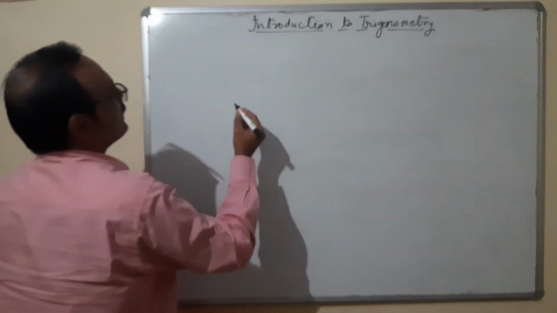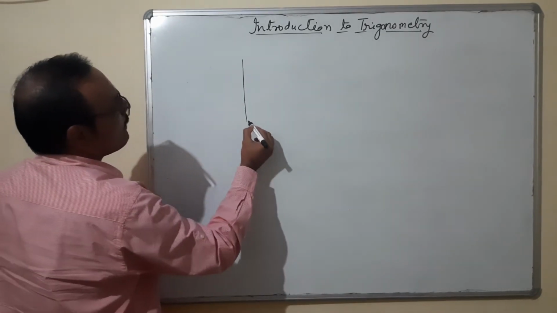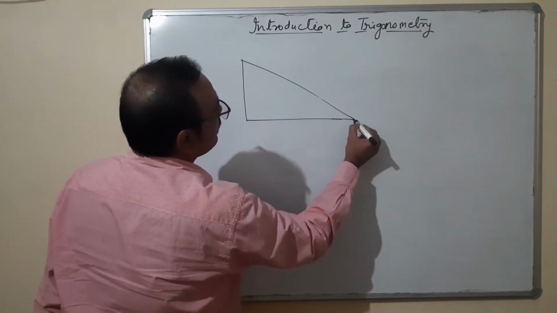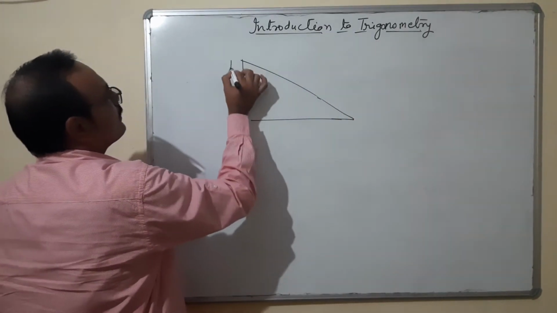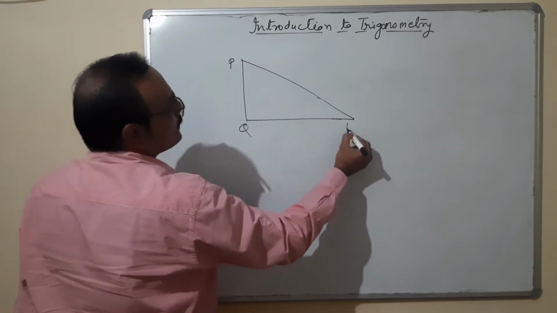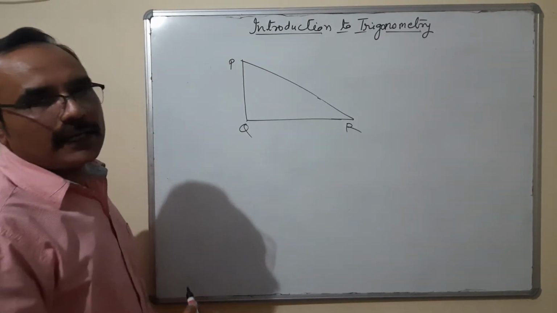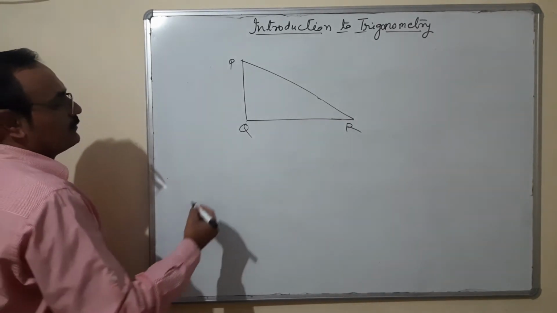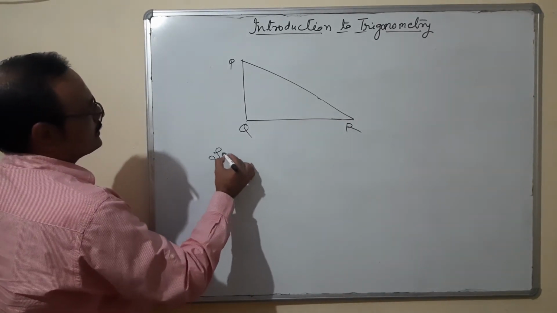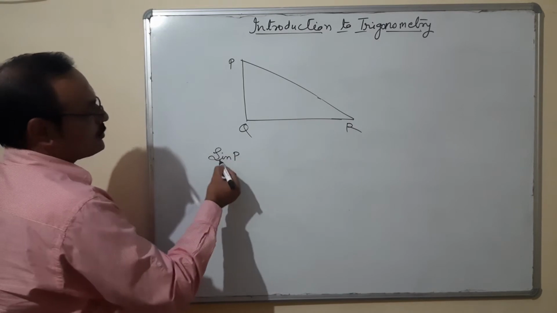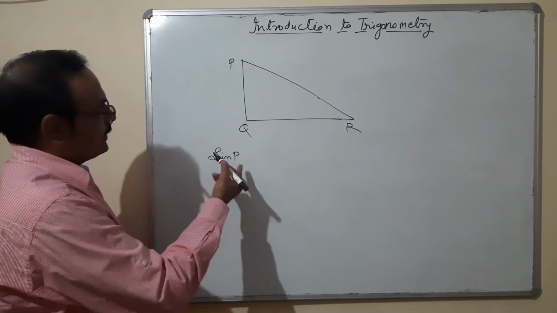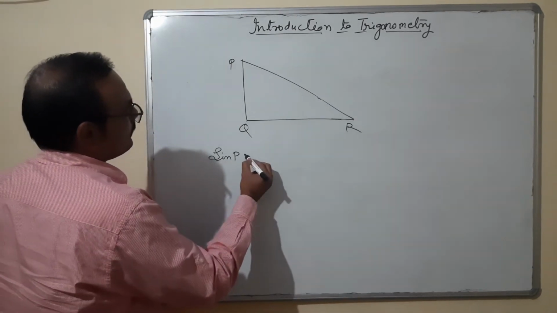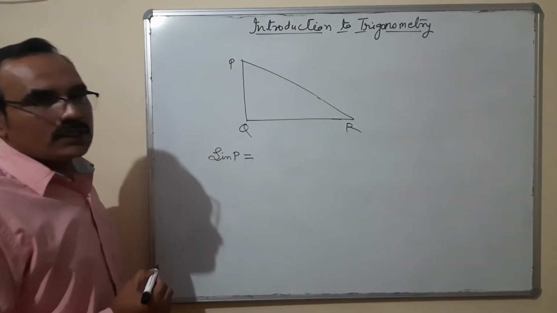There's a right angle triangle PQR. We are going to find the value of sine P. Sine is a short form, and we'll pronounce it as sine. Sine P, what is sine?